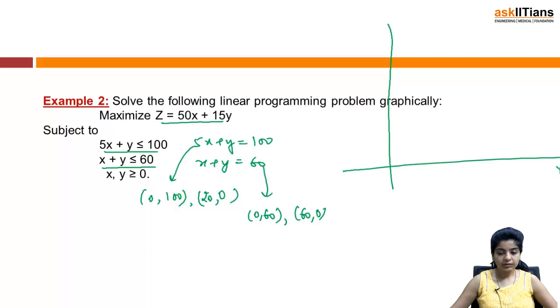This is my x axis, this is my y axis, and this is 0, right? So now first of all draw these lines. We have 0, 100 and 20, 0. So this is my 20, 0. Just join these two points.